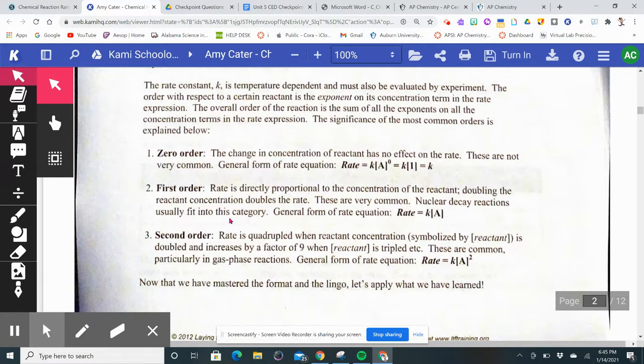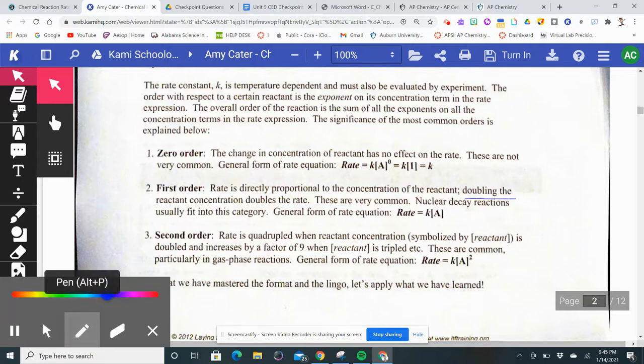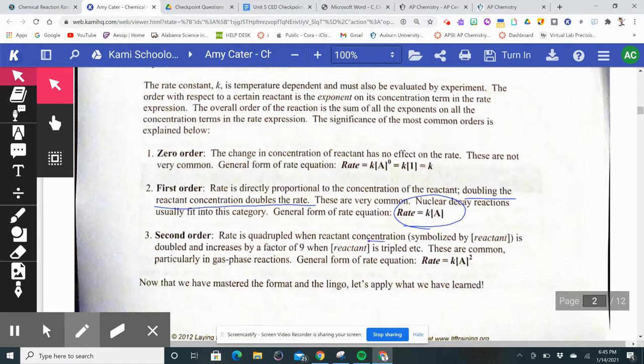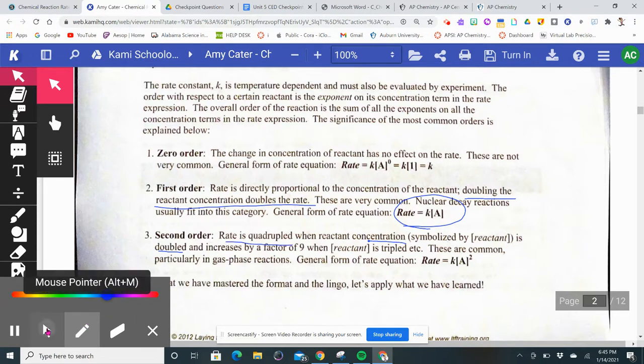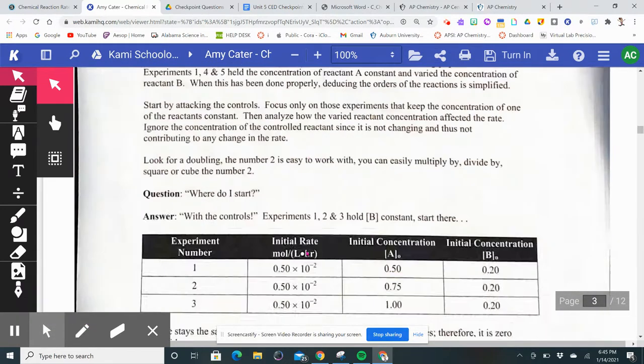So doubling the concentration doubles the rate. And that makes it first order. Okay. Second order would be if the concentration gets doubled, then the rate is quadrupled. Okay. So that's where I got that information from.